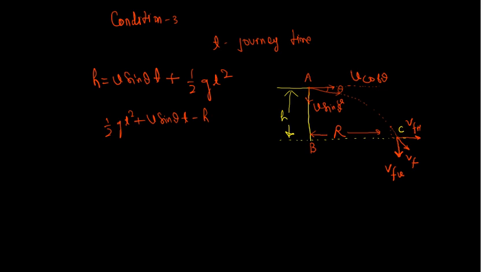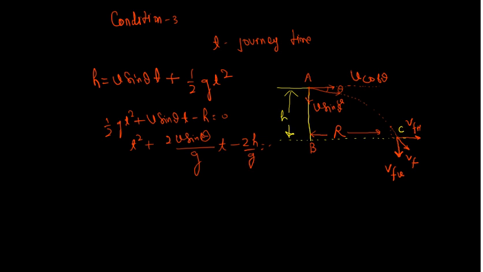If you rearrange it, you will get t square plus 2v sin theta divided by g into t minus 2h divided by g is equal to 0.